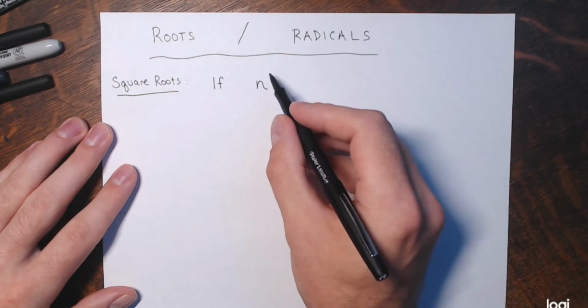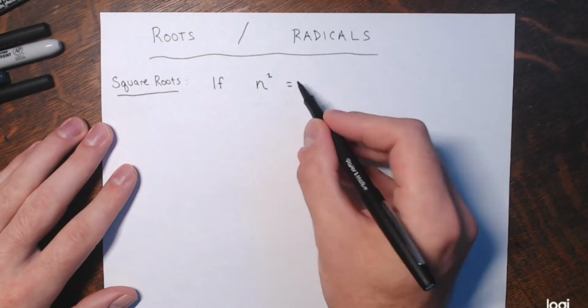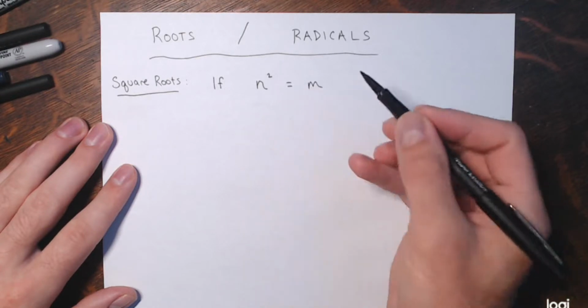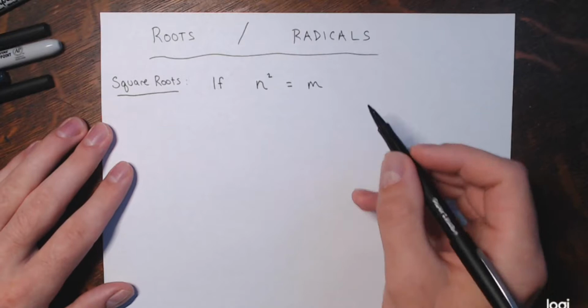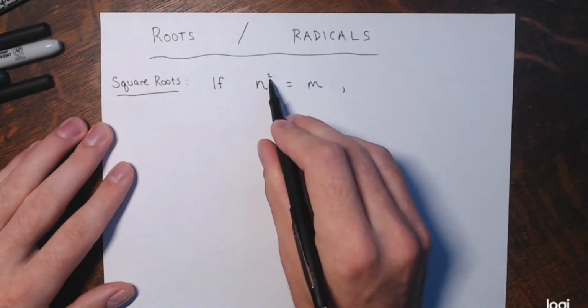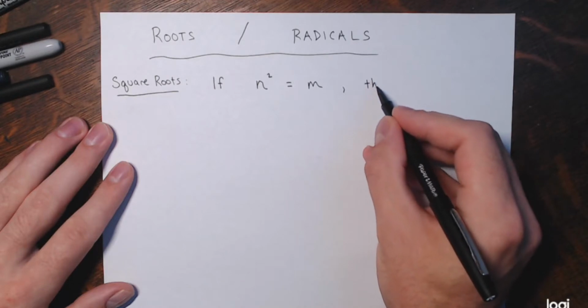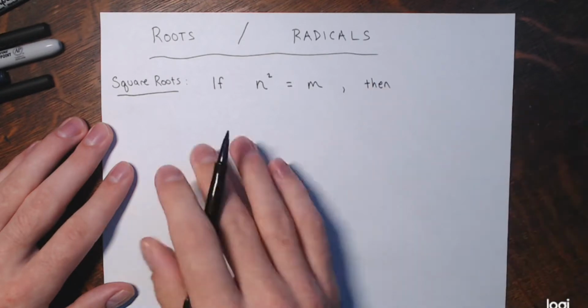If n squared is equal to m, if some number squared, to the second power, remember that means multiply it by itself, n times n, is equal to m, some other number m, then we say the following.